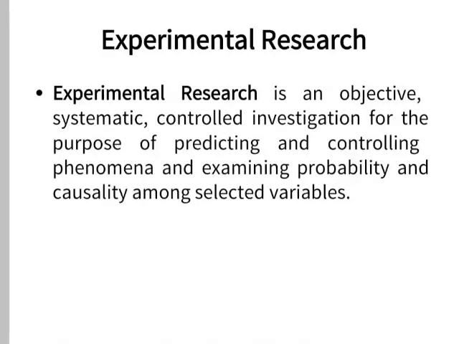Experimental research is an objective, systematic, controlled investigation for the purpose of predicting and controlling phenomena and examining probability and causality among selected variables. In experimental research, there are two groups. The sample is divided randomly into two groups, group 1 and group 2.